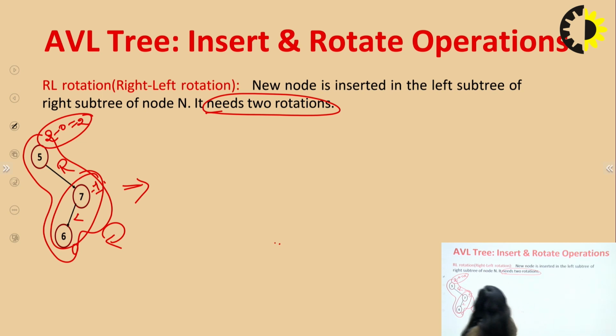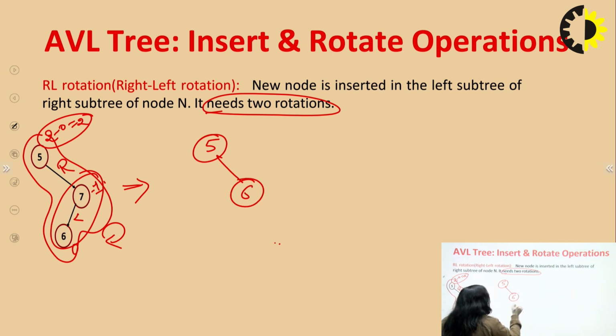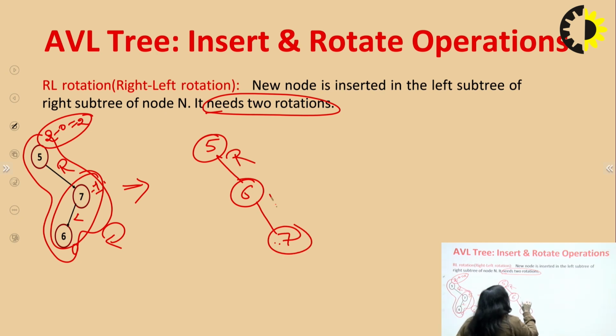Okay, so check again here. 5 is this, now converted clockwise, so 6 will come here and 7 will come here. Now it is a right and right rotation. Got it?